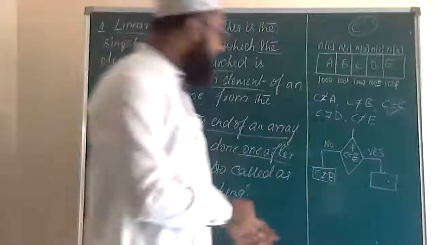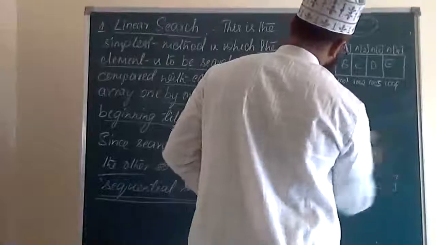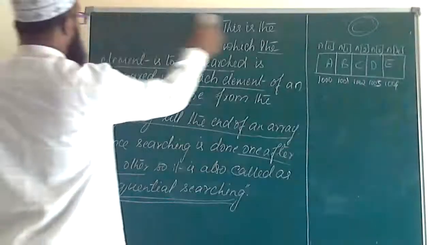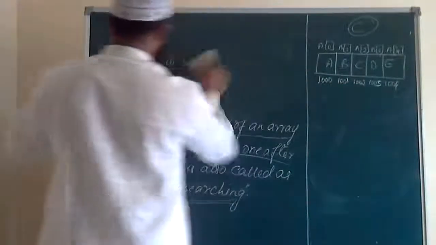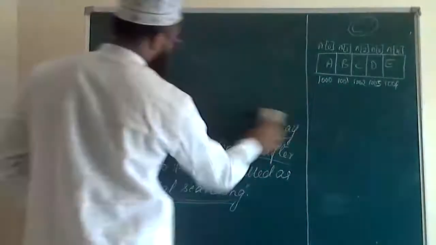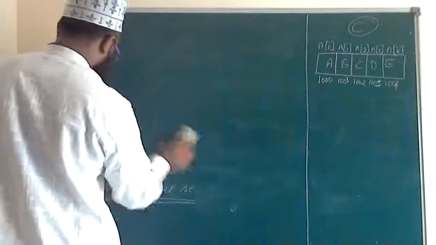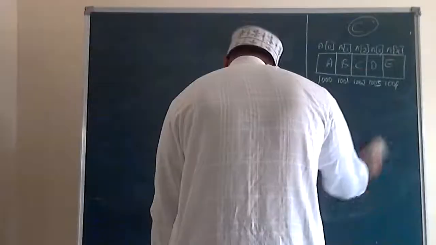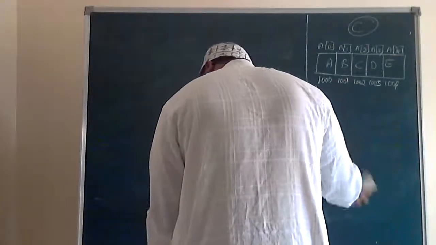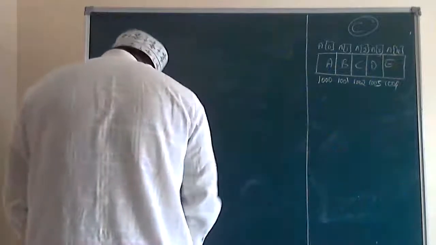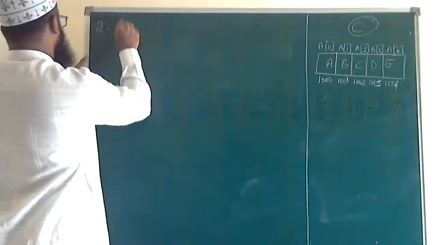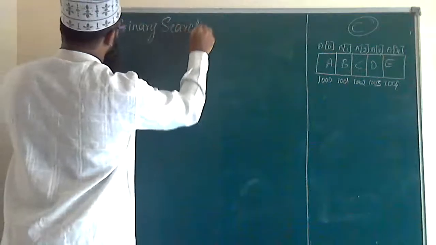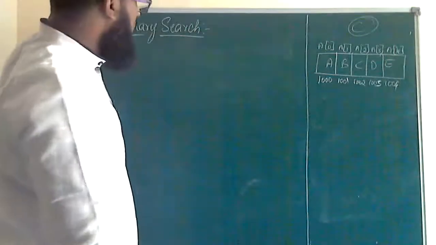Now come to the second method, that is binary searching. We will search the same element in the same array, but a little bit different compared to linear search. Binary search. How can we define this?